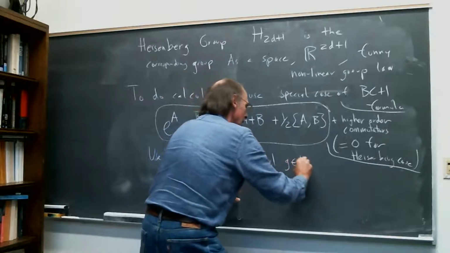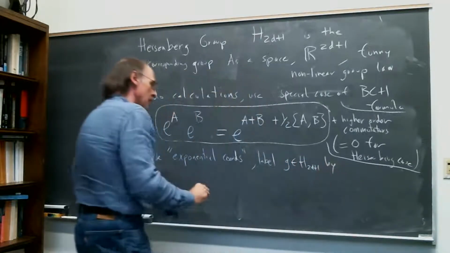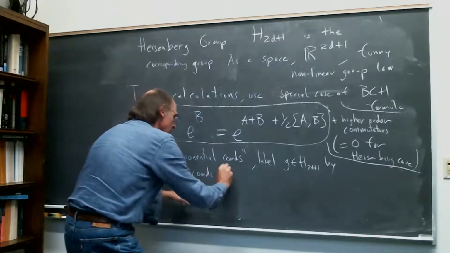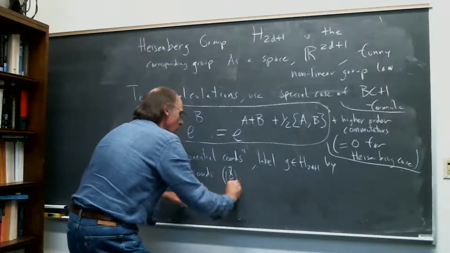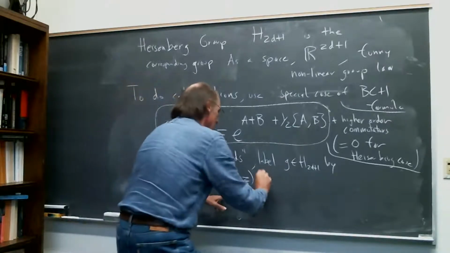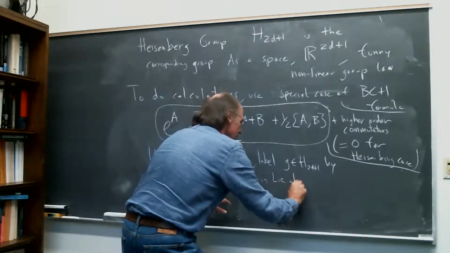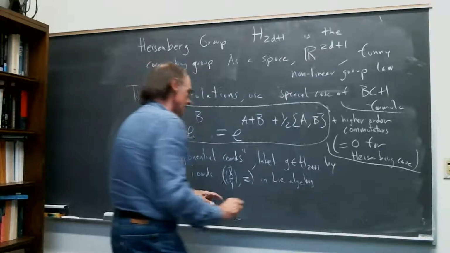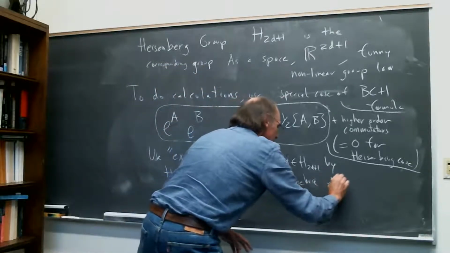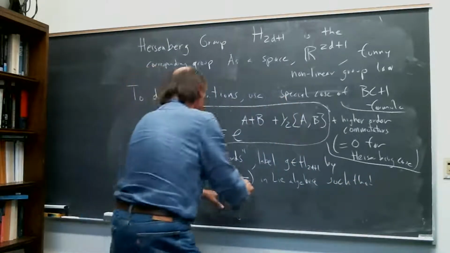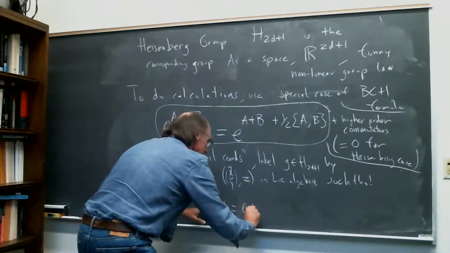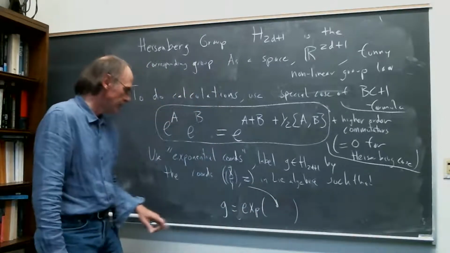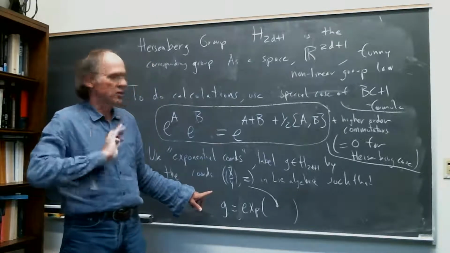You label GL of H_2d plus 1 by the coordinates, an x vector, a y vector, and a z in the Lie algebra, such that G is equal to the exponential of this guy.